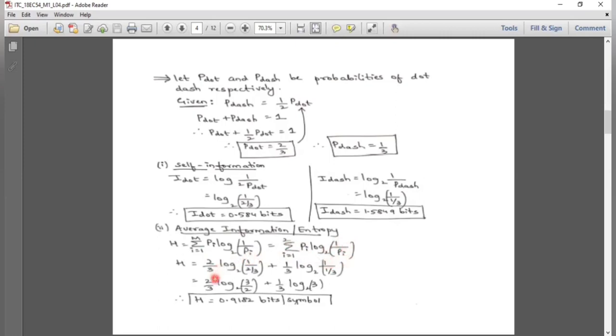Substituting probability of dot and dash, the expression for H reduces to 2 by 3, that is probability of dot, into log of 1 by probability of dot, that is 2 by 3, plus probability of dash, that is 1 by 3, log of 1 divided by 1 by 3.